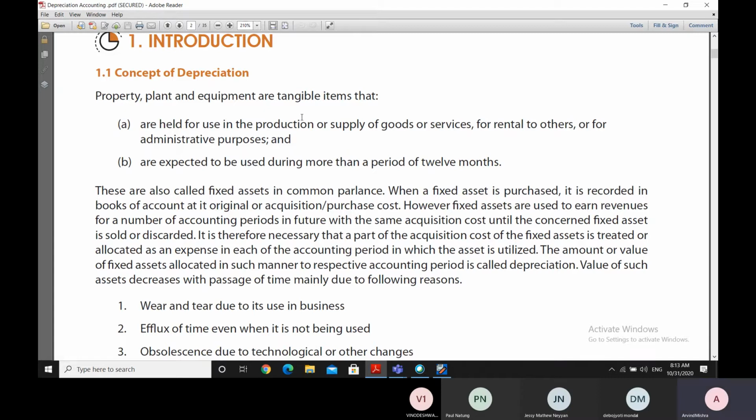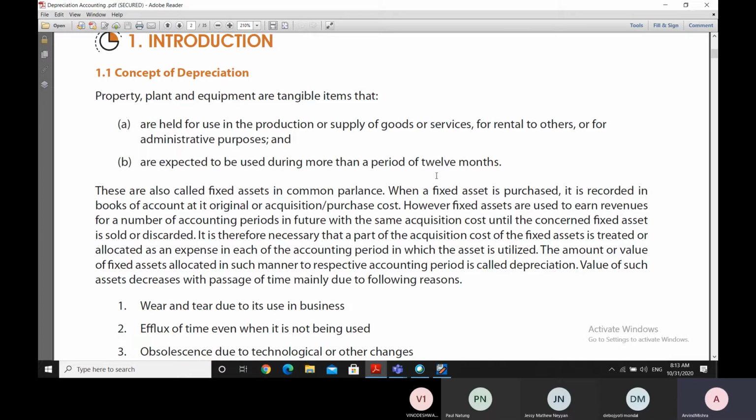And these are held for use in production or supply of goods or services, or we rent them out, or we use them for administrative purposes like fax machines, photostat machines, etc. And they are expected to be used during more than a period of 12 months.